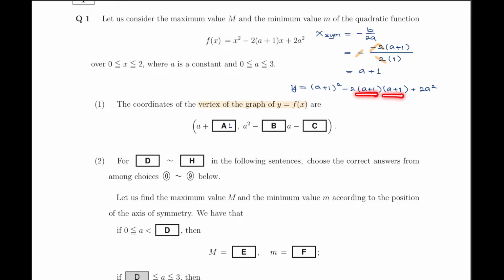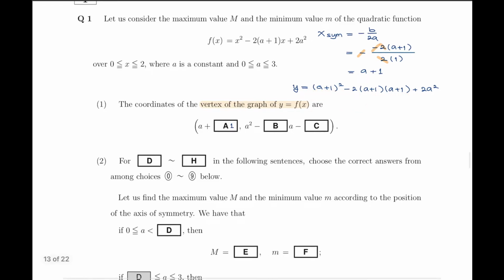A plus 1 times a plus 1 becomes (a plus 1) squared, and then (a plus 1) squared minus 2 times (a plus 1) squared becomes negative (a plus 1) squared, plus 2a squared.